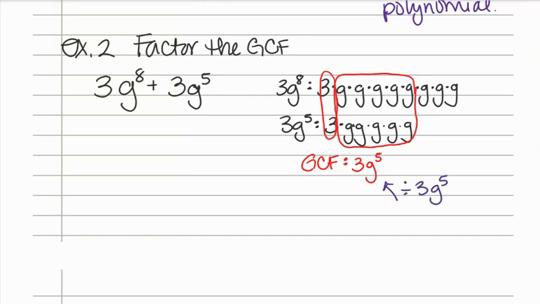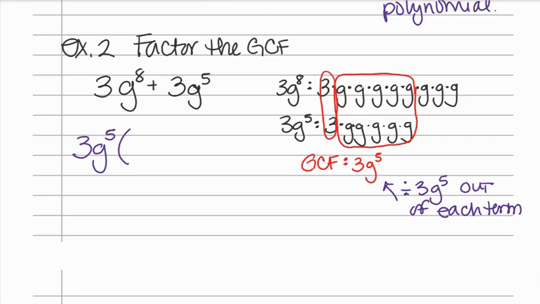So we're going to divide 3g to the 5th out of each term. Okay, so on the outside here, I'm going to have 3g to the 5th, and then I'm going to write what's left from each term of my expression.